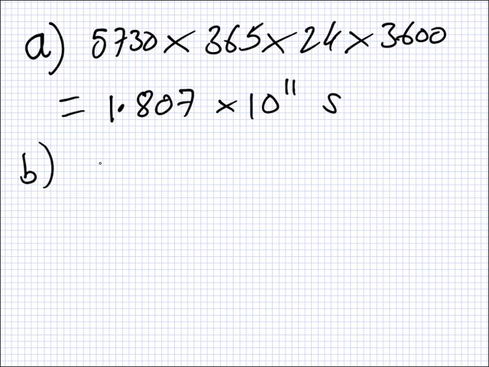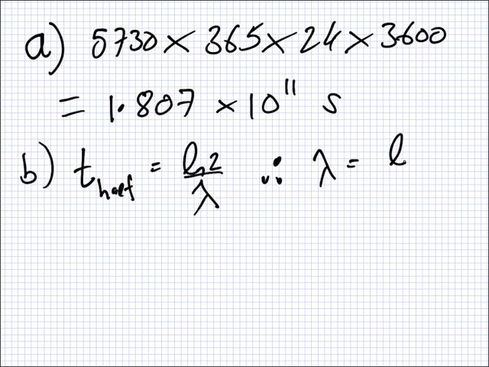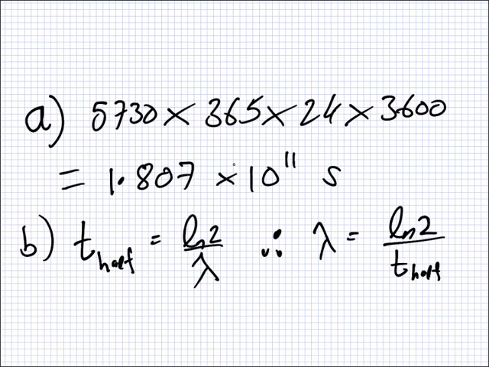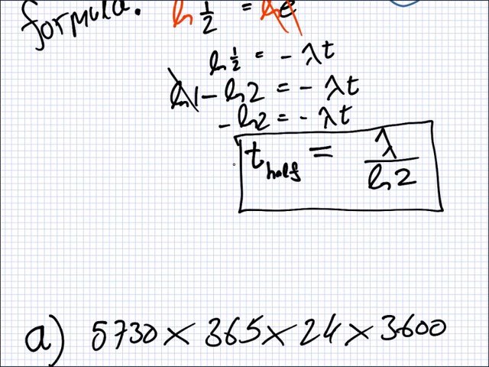Okay, B. What is the lambda? You can use the formula half-life equals log 2 over lambda. So therefore, lambda is log 2 over the half-life. Oh, sorry, I have it the wrong way.